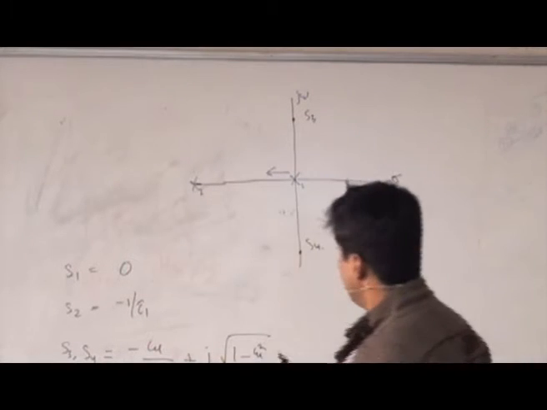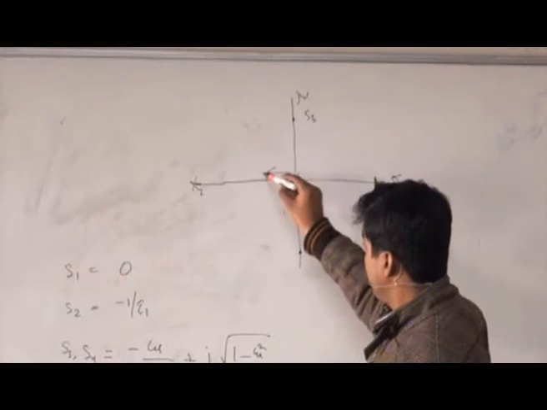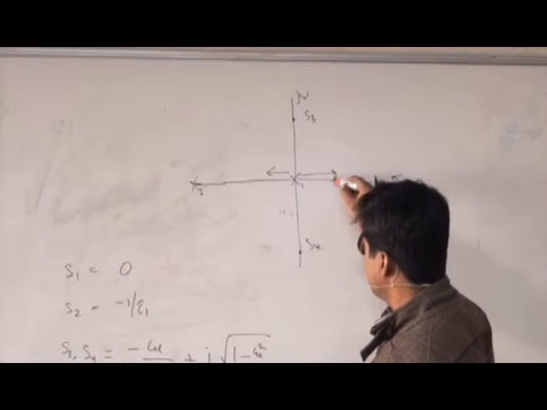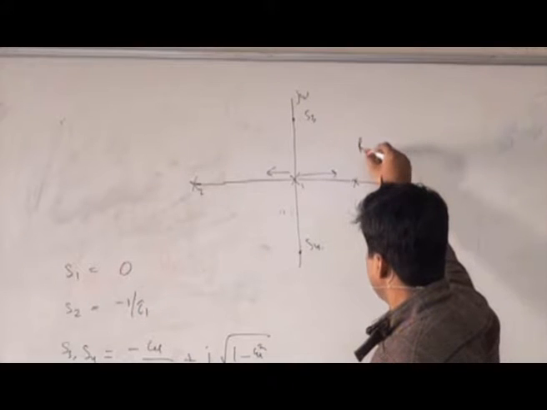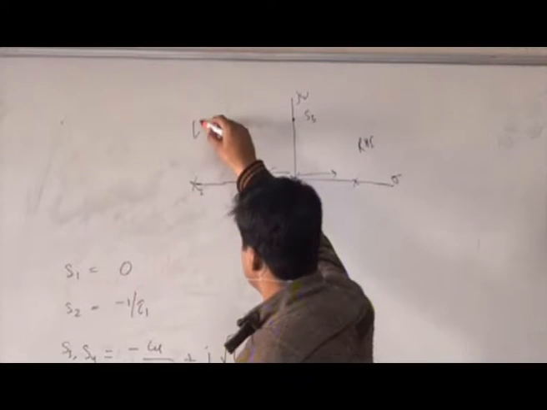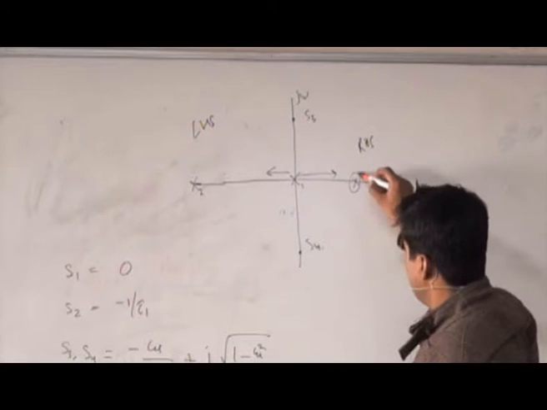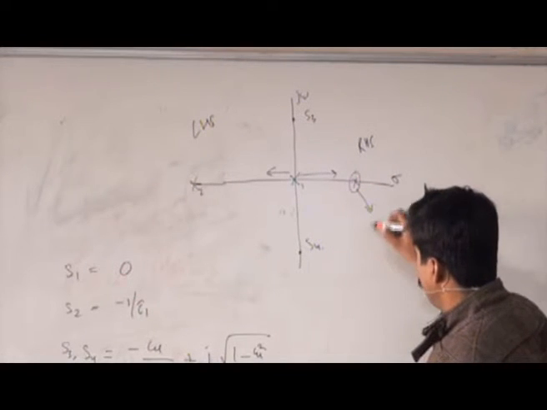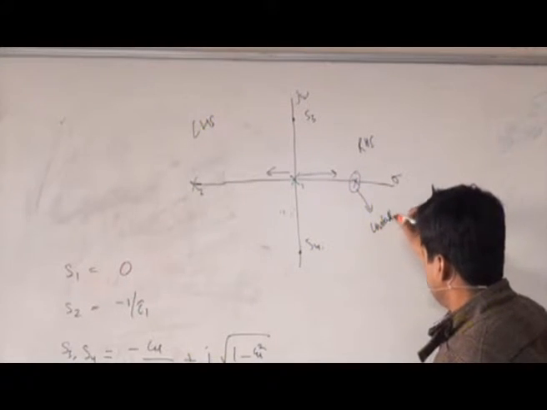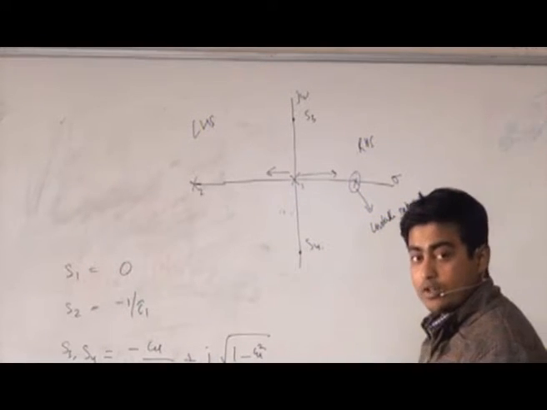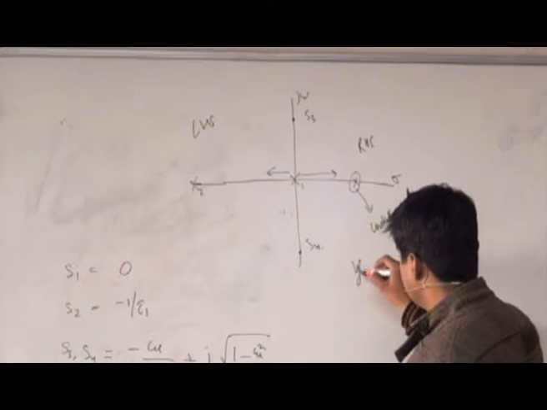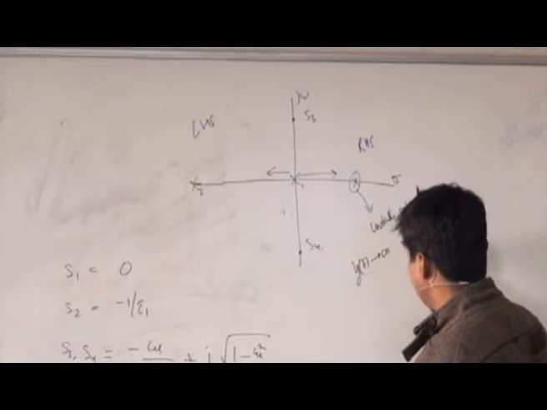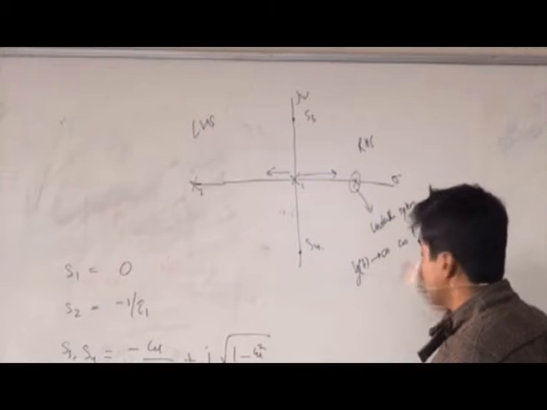And similarly, what happens if you start moving in this direction, you will have a pole on the right hand side. This is the right half; this is called the left hand side. This pole gives you an unstable system, in the sense that your response y(t) will tend towards infinity as t tends to infinity.